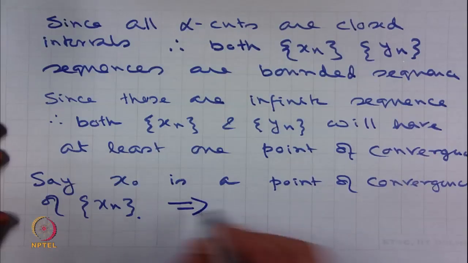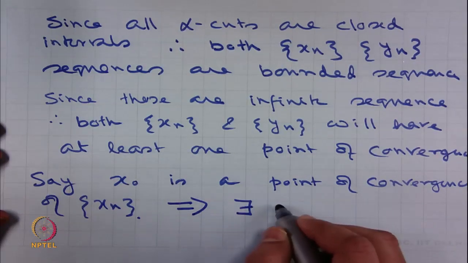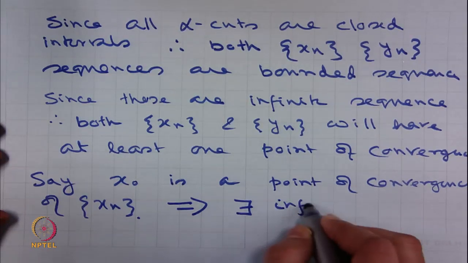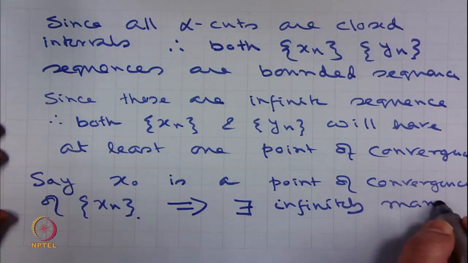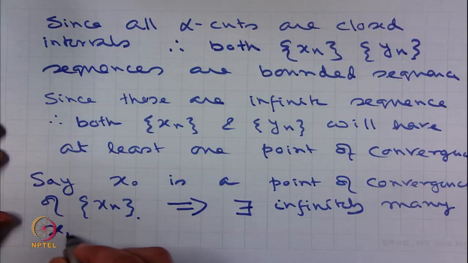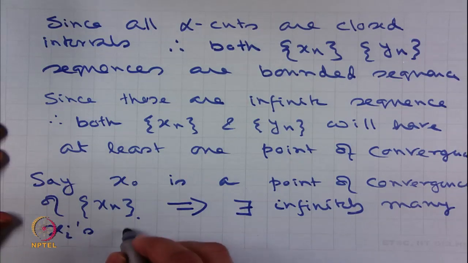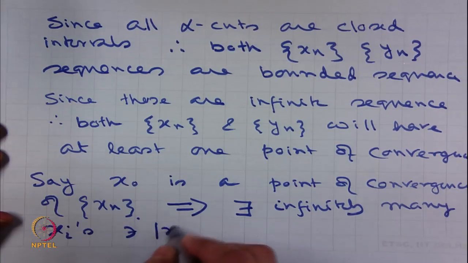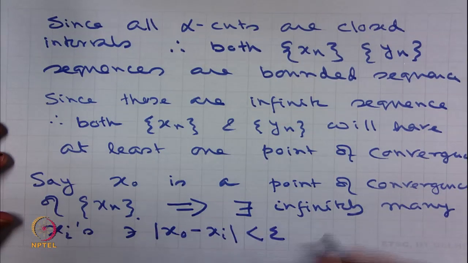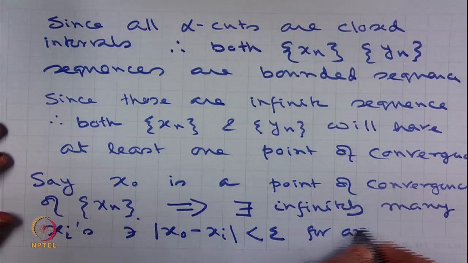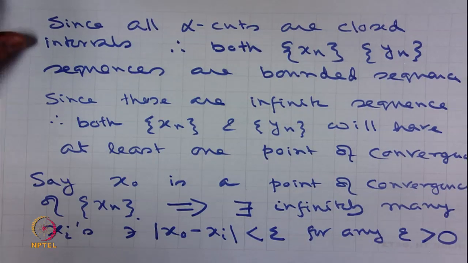It implies that there exist infinitely many xi's such that mod of x naught minus xi is less than epsilon for any epsilon greater than 0.